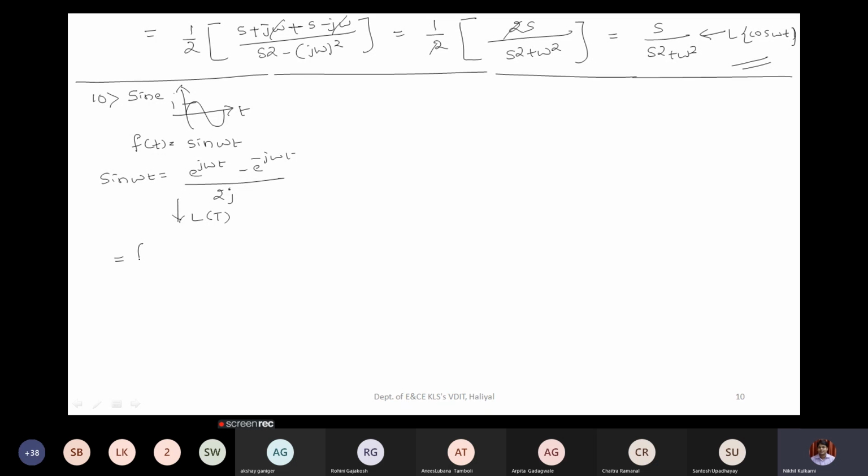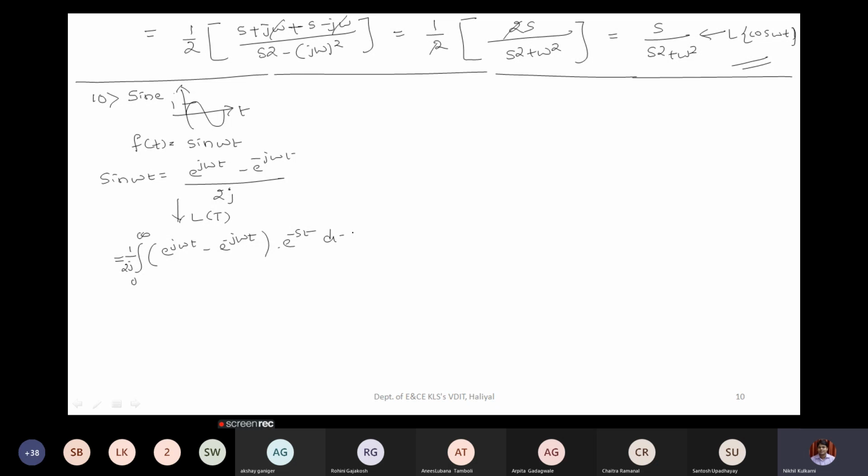Okay, so now similarly, if you consider this for Laplace transform, the Laplace transform of this will be nothing but integration from 0 to infinity. I can write 1 by 2j outside here, and I can consider e to the power j omega t minus e to the power minus j omega t multiplied by e to the power minus st dt.